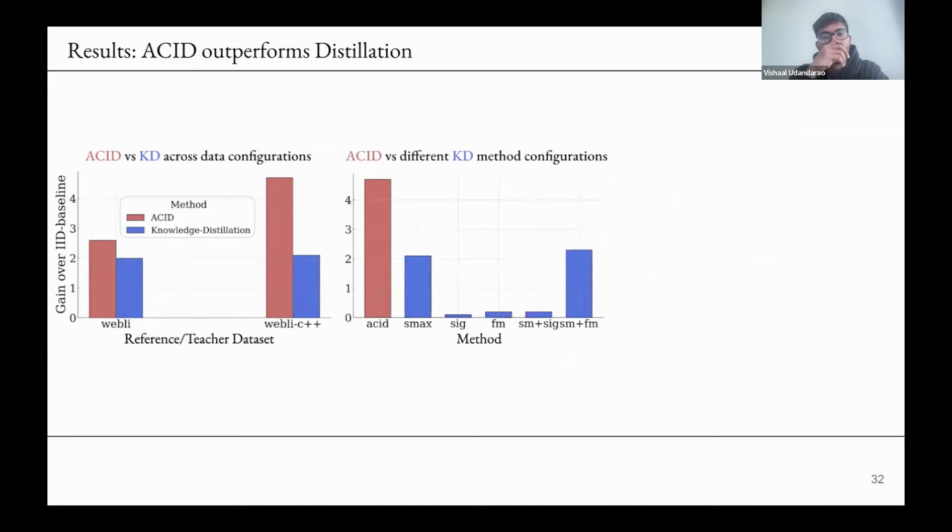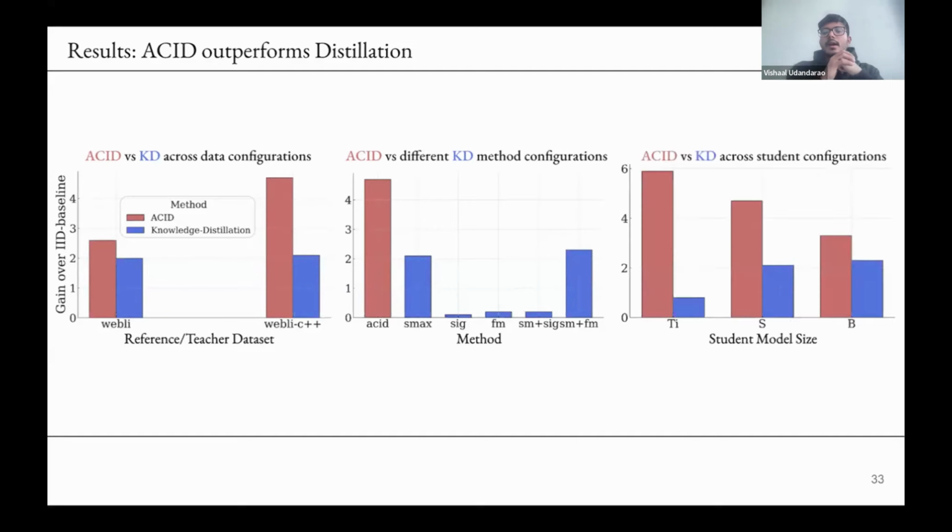Similarly, we tried different KD method configurations. So until now, I've been talking about softmax distillation, but many other methods have been proposed in the literature where you can use sigmoid distillation, feature matching distillation, or you can combine both objectives and create a distillation method that uses two distillation objectives. And across all of those objectives, our ACID method with just this simple data selection is able to beat all of the KD methods.